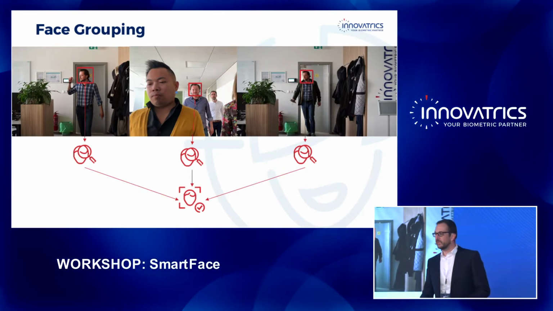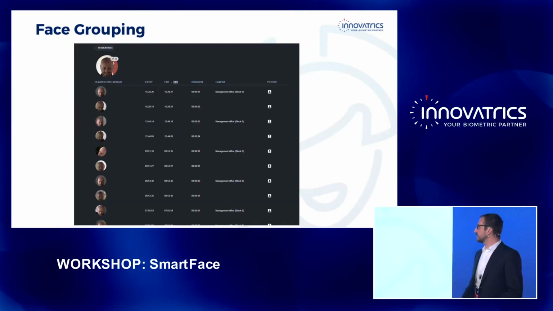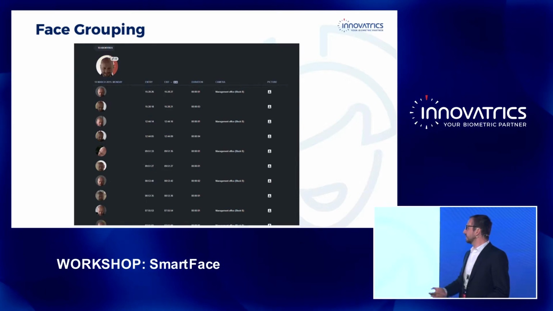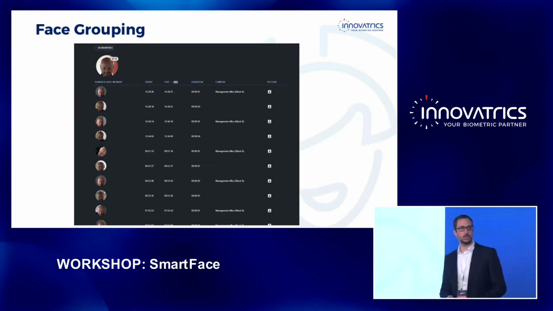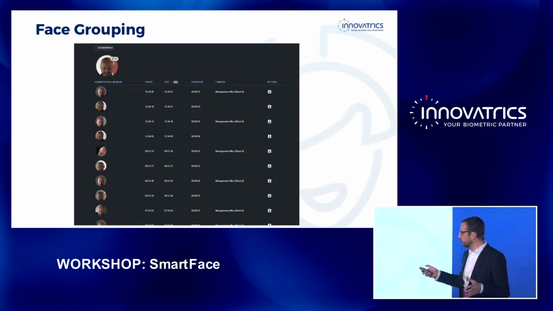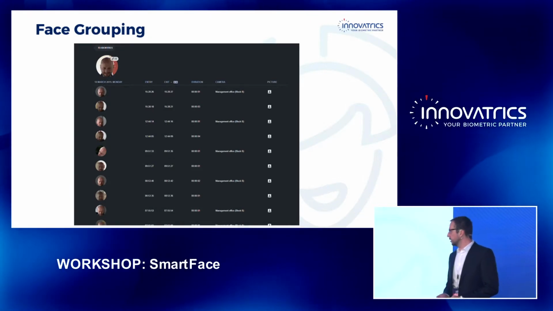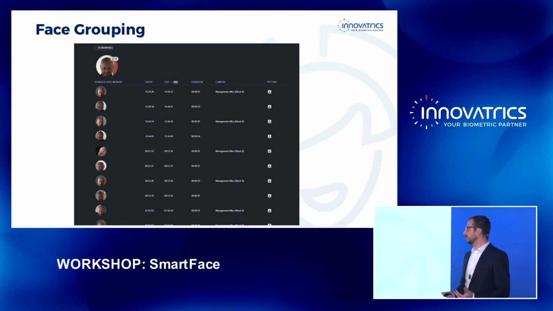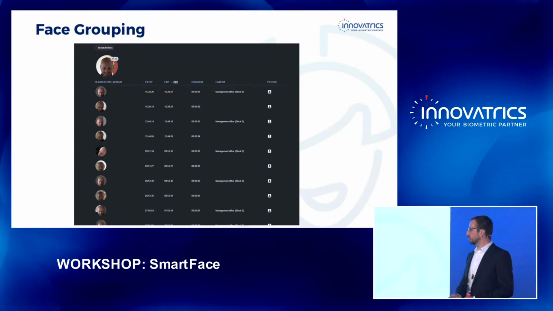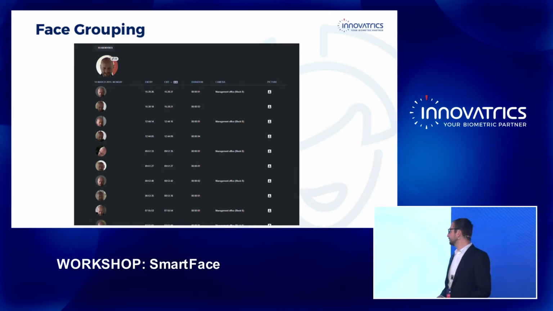And SmartFace is really capable of doing this. So the result is that basically the same persons, even though the face has not been enrolled on the watchlist, can be grouped into a so-called identity, and this can then later be analyzed, and there is really interesting data that can be used for different use cases. We will be talking about the use cases a bit later.